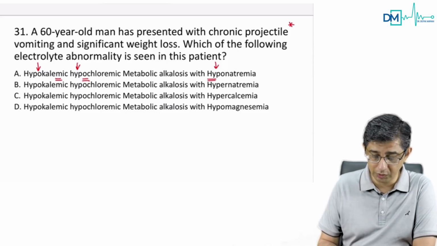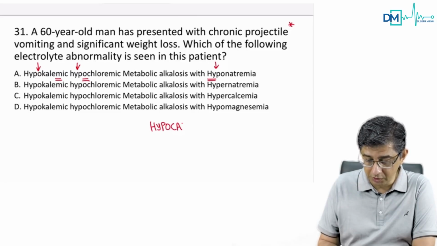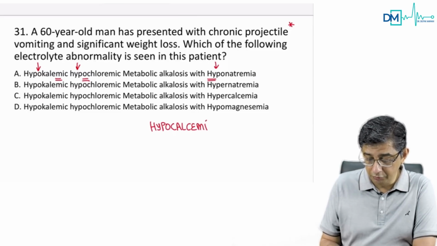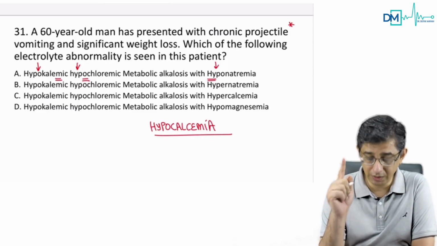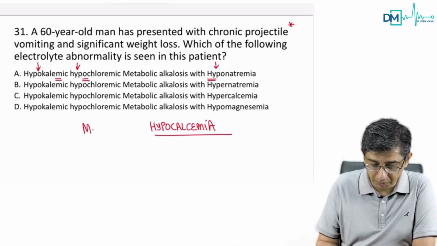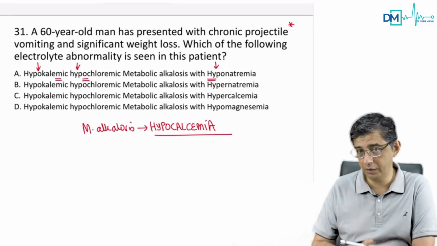And there's a fourth hypo also, which a lot of you did mention, some of you did not mention, so I did not include it. But if you go through the section in the app, I have explained metabolic alkalosis is associated with hypocalcemia. How that happens is beyond the scope of this particular video. You need to go to the main video for that.